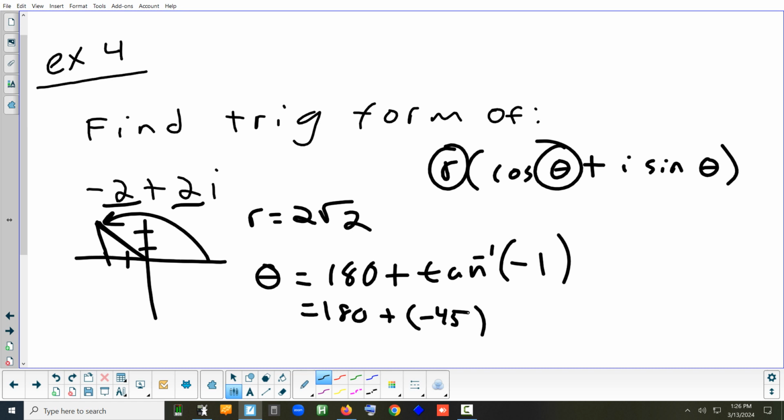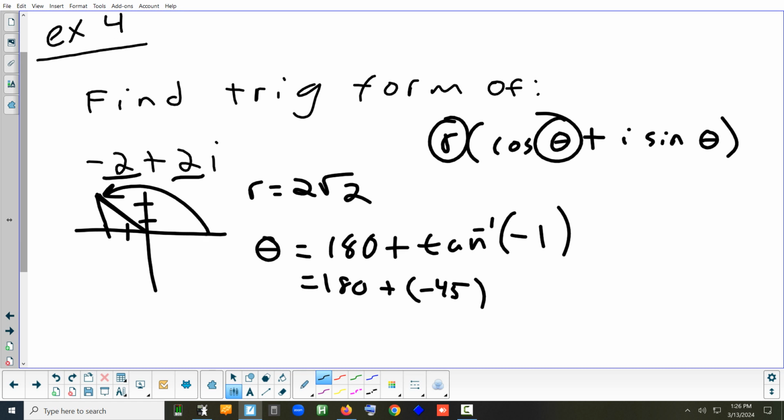Okay. So what's my angle from the positive x-axis to my point? Yeah, 135.